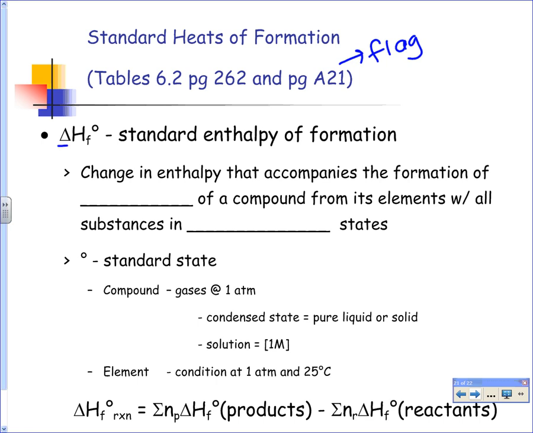Here we have delta H, the change in the standard enthalpy of formation. This is the change in enthalpy that accompanies the formation of, and this is really important, highlight this, notice I'm putting it in all capital letters, 1 mole of a compound from its elements with all of their substances in standard states.